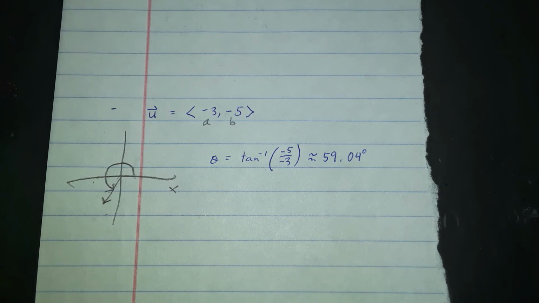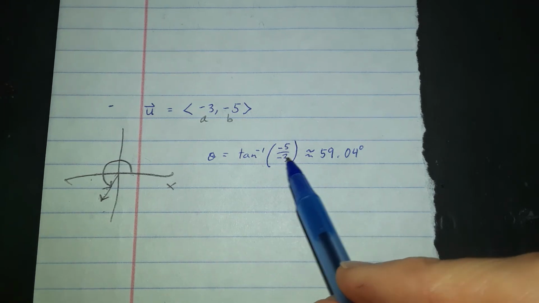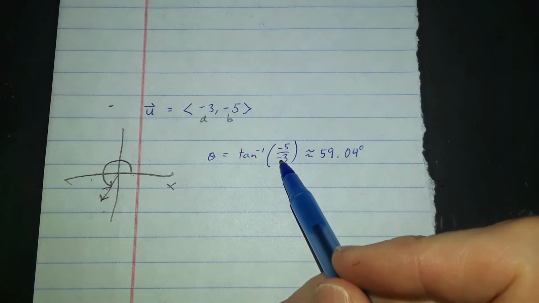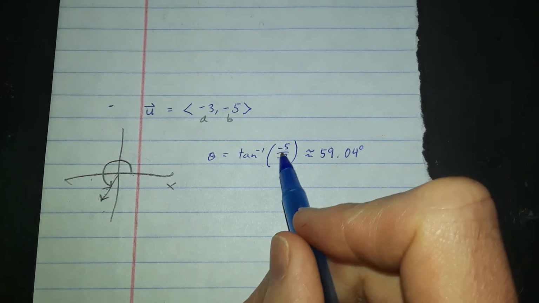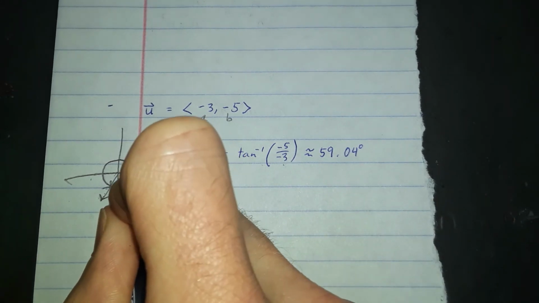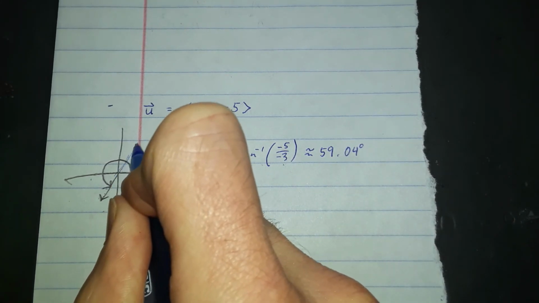This is definitely smaller than 180 degrees, so what happened? Notice that I said this was the same as if I did 5 divided by 3 because the negatives cancel. So what this is telling us is it's the same as going 3, 5 and having this vector up here.